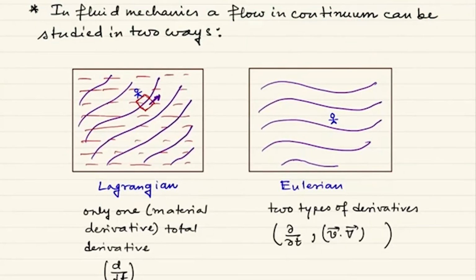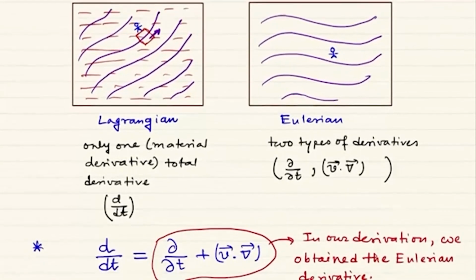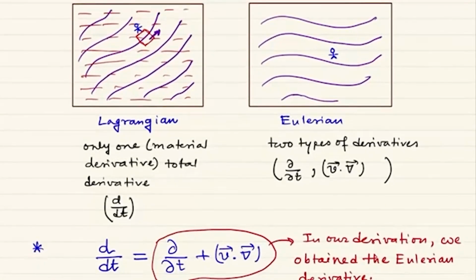So finally, due to the equivalence, d dt is equal to del t plus v dot nabla.